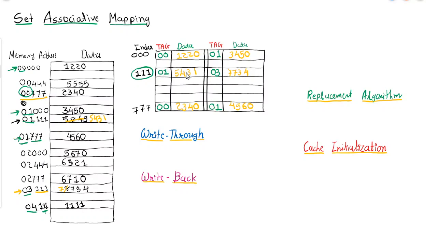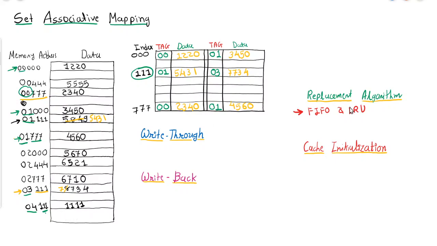Here there is no 04 tag and the memory is also full. So at that time the CPU will go with a replacement algorithm. Most of the time in set associative mapping, two types of algorithms are used, FIFO and LRU. If we go with FIFO, then which entry was entered first? This one, 5431.